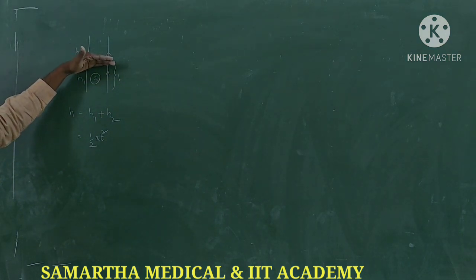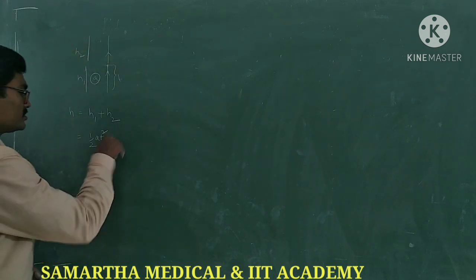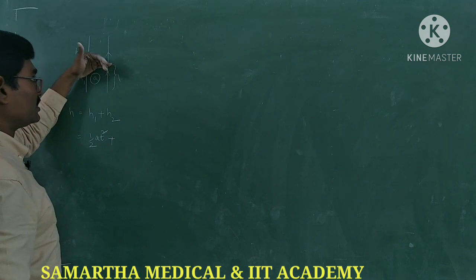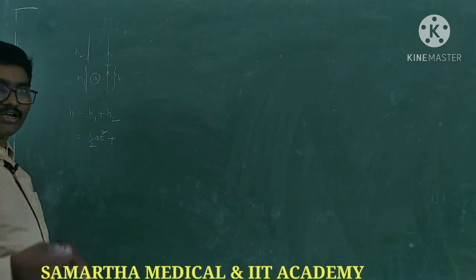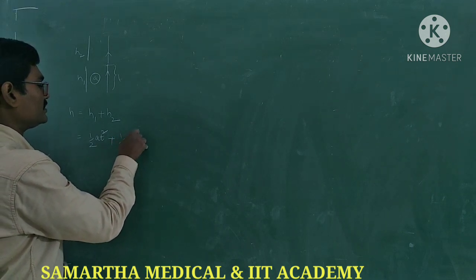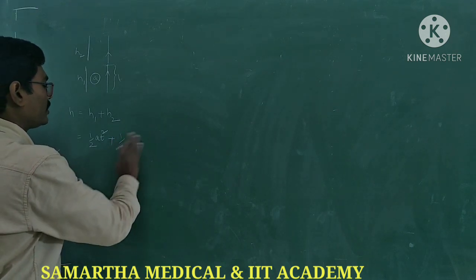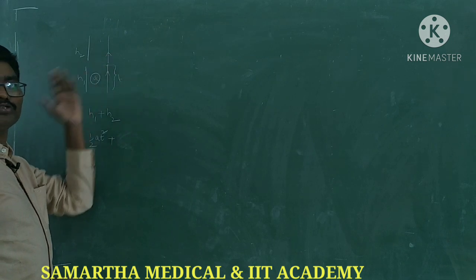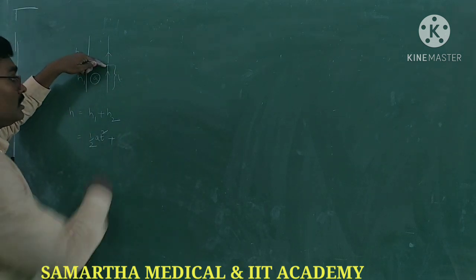After this time t, the fuel is exhausted. Then what is the height reached by it? From here it is just like a vertically projected upward body: u square by 2g. What is u here?